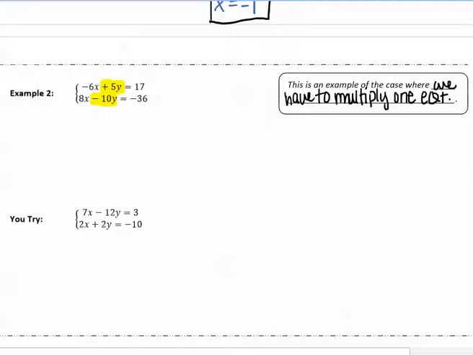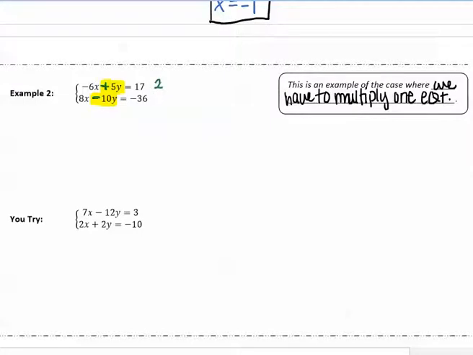So it's pretty easy to make these the same number, but remember you also want them to have opposite signs. So this one's already negative and this one's already positive, so they already have good signs. We just got to make this into a 10y up here. So ask yourself, what do you need to multiply 5y by to make it into a 10y? And the answer to that would be 2.